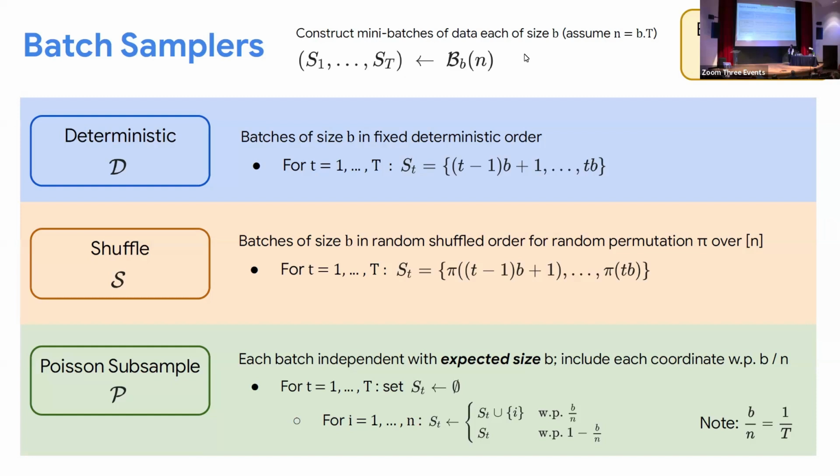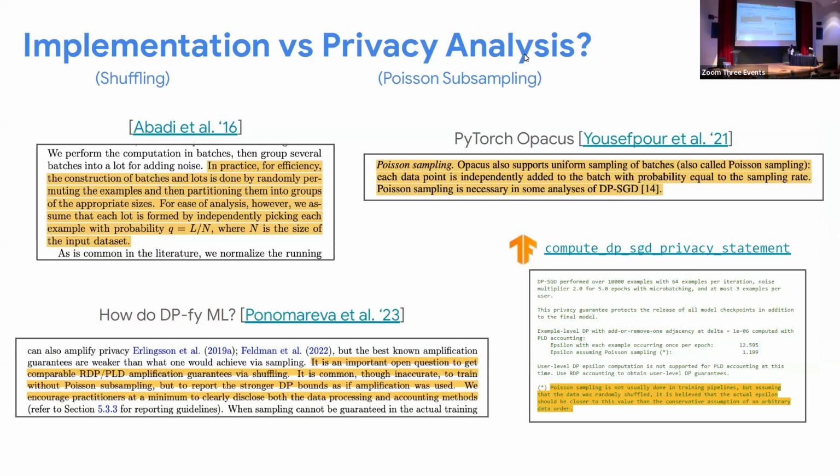So basically, for each batch, we independently pick each example to be included in the batch with the same probability. Each batch has the same expected size, but the actual number of examples in each batch can differ. So this is actually a lot easier to analyze.